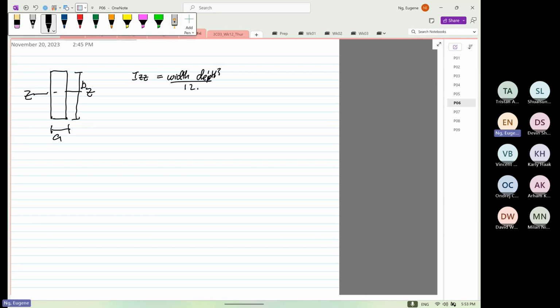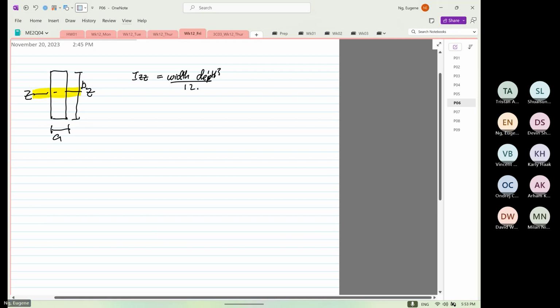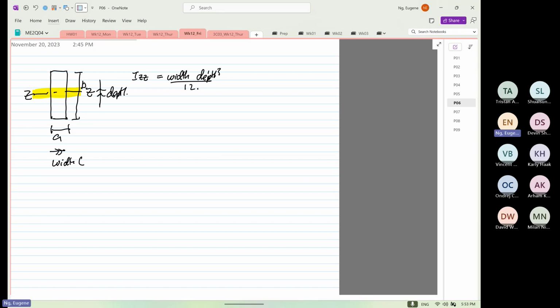The axis of interest is where? Your ZZ. Okay. Your axis of interest is your ZZ. If that's the case, this direction will be your width. This direction will be your what? Your depth. The width is always parallel to the axis of interest.